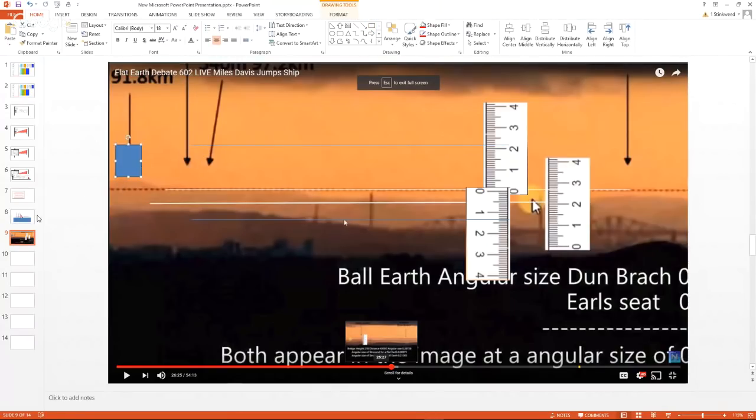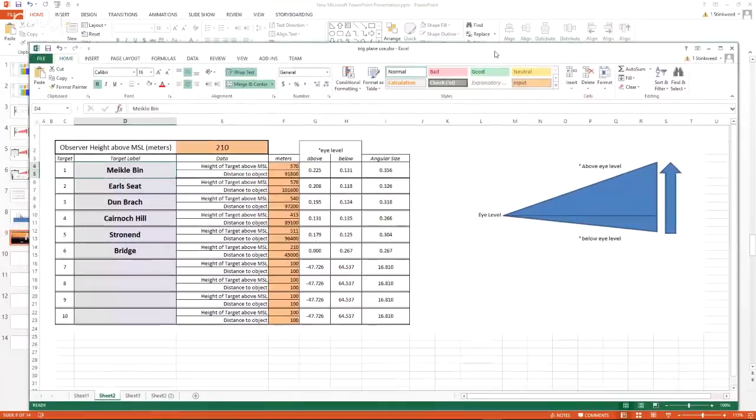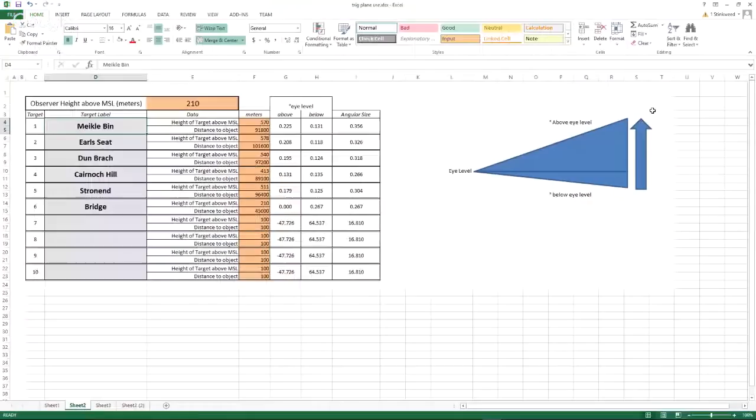Okay, so all in all, here's the numbers. You can work them out yourself. You have to have eye level separating a top triangle and a bottom triangle to get the distance above and below the bridge. Now you'll notice that everything is above the bridge, with the exception, of course, of the bridge.